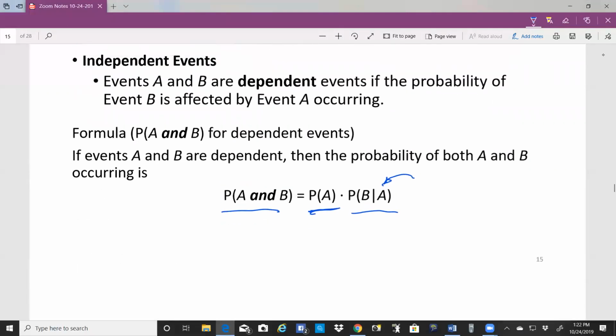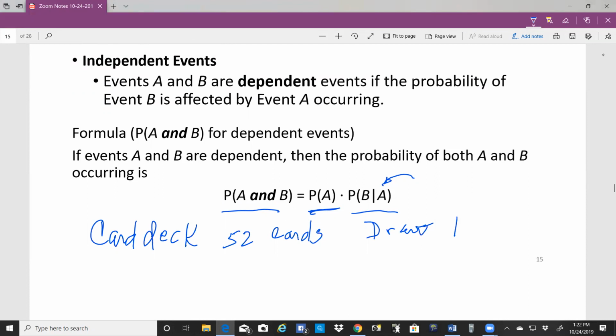Let's just do an example here. Suppose you've got a card deck, 52 cards, and you draw one card, don't replace, and then draw a second card.